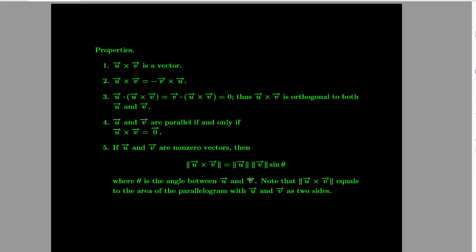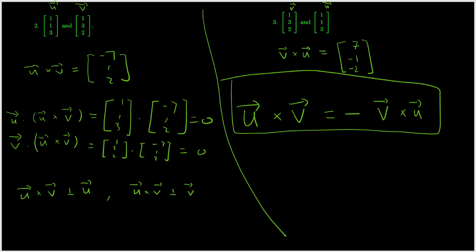Now we are trying to determine u cross v. So, how about we use a particular case to compute u cross v? If I set u to be the vector i, the vector with three components 1, 0, 0, and v is the vector with three components 0, 1, 0.